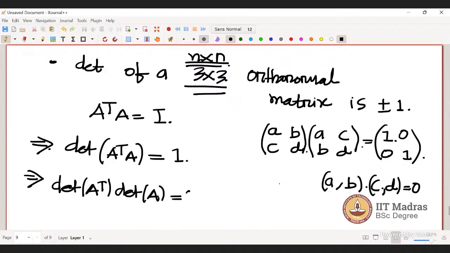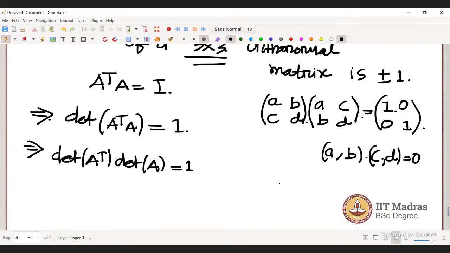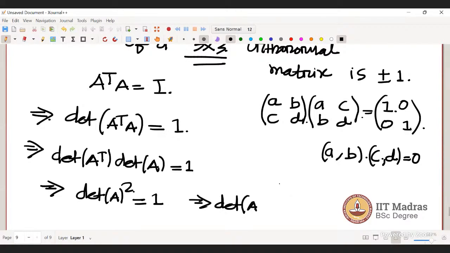And do we know that determinant of A transpose and determinant of A are the same, right? So this is same as determinant of A square, which is 1. So that means determinant of A is plus or minus 1.